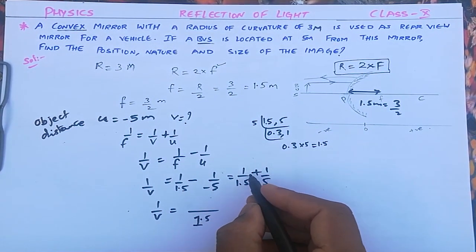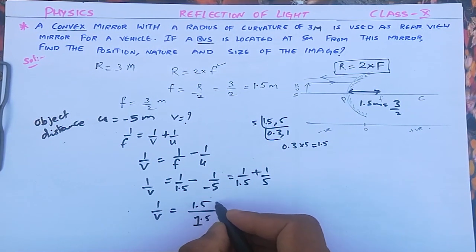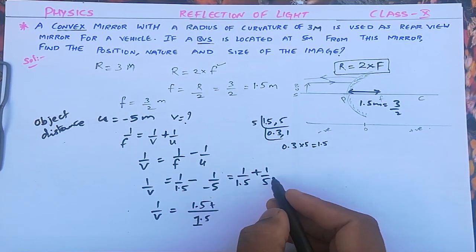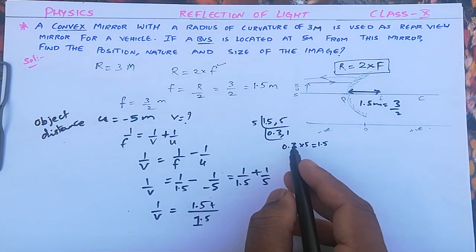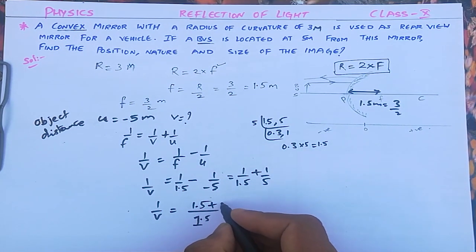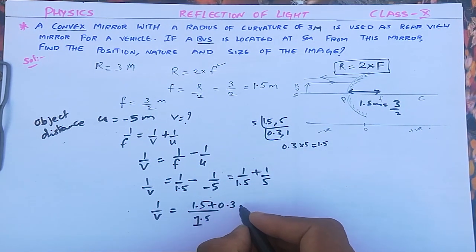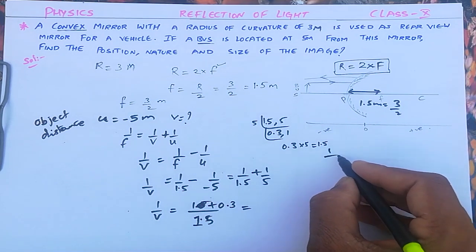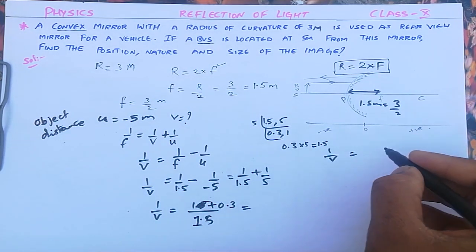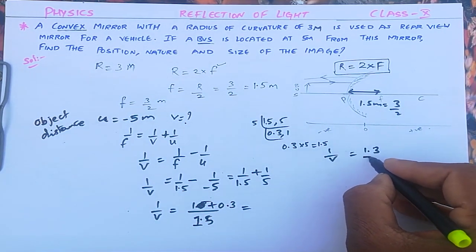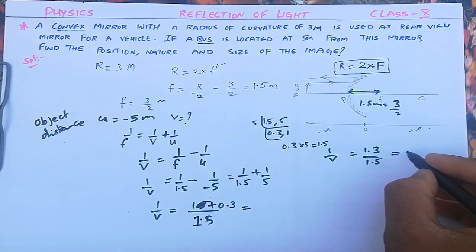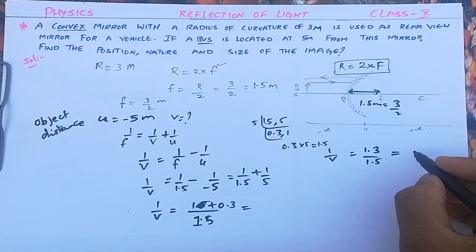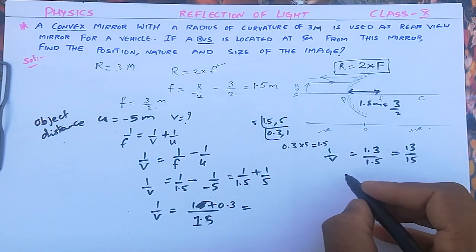So 1.5 into 1 is 1.5, plus 5. How many times does it go for 1.5? 0.3, that is 1 here, 1 plus 0.3, this is 1.5. Writing here, 1 by V equal to 1 plus 0.3, that is 1.3 by 1.5. Eliminating the decimal place values, 13 by 15 this will become. That's it, that is the 1 by V value.